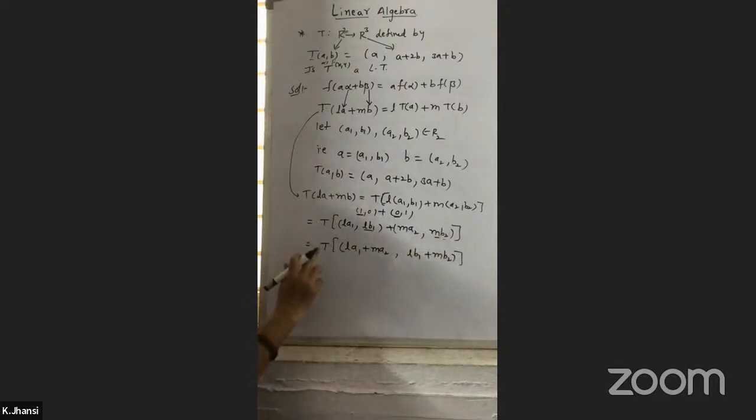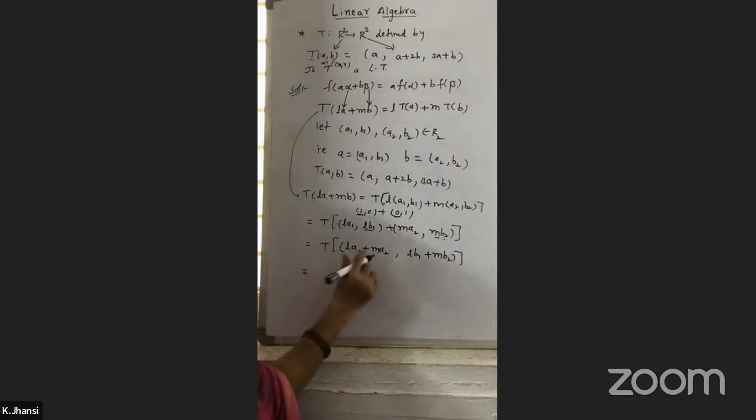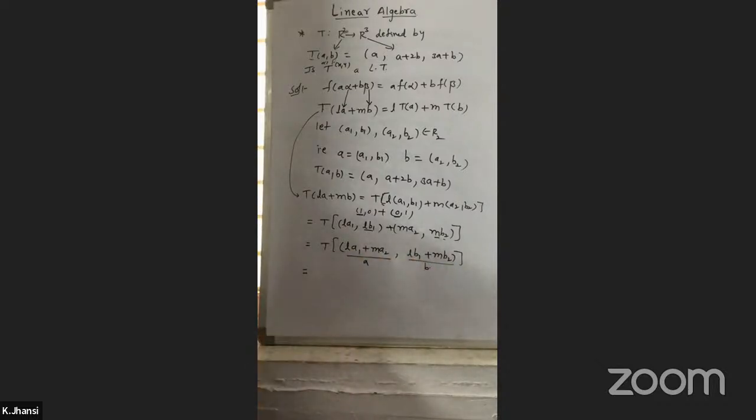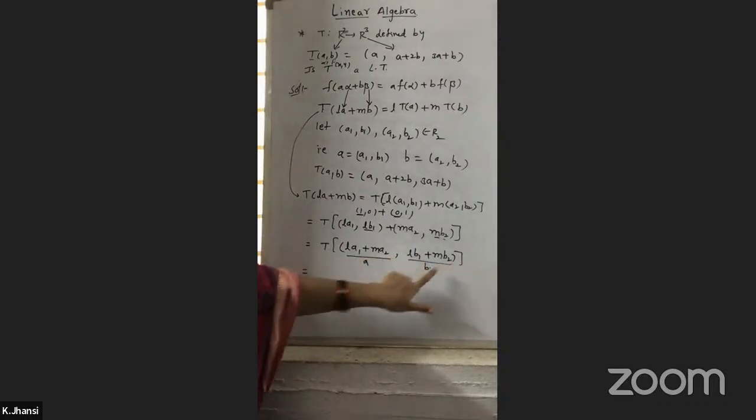Now this is T of, this whole thing is A and this whole thing is B, T of A comma B.